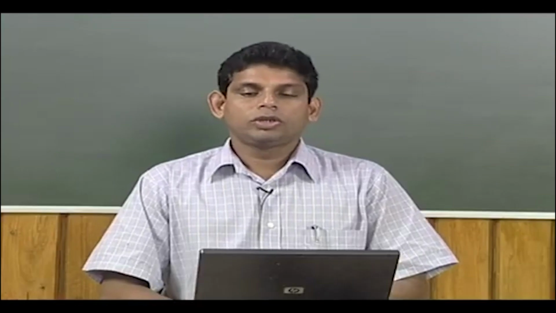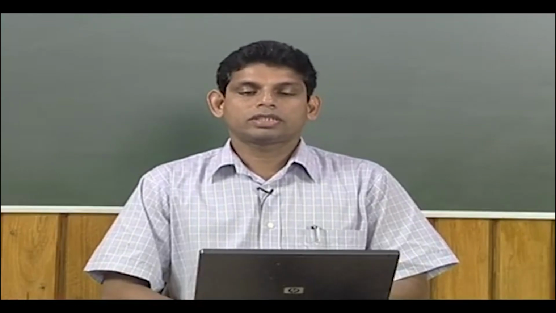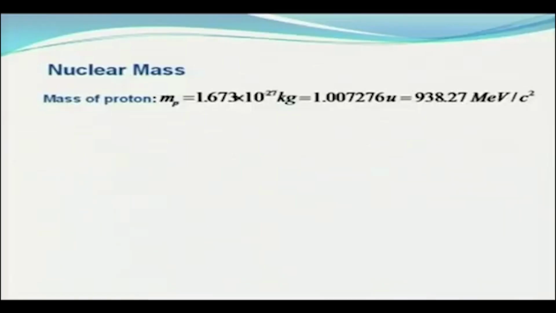And in another unit, which is more often used in particle physics studies, we can express the mass of the proton in electron volt per c square, where c is the speed of light in vacuum. Electron volt is actually a unit of energy. 1 electron volt is equal to 1.6 times 10 power minus 19 joules.